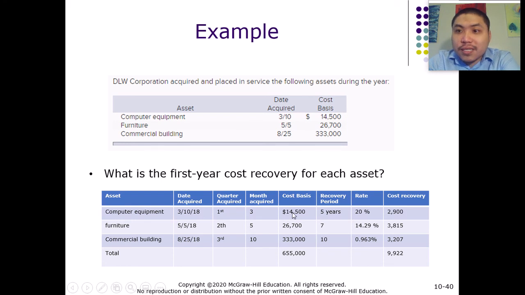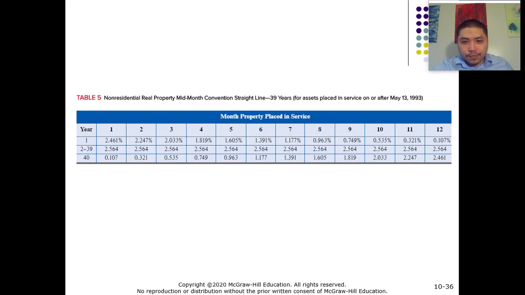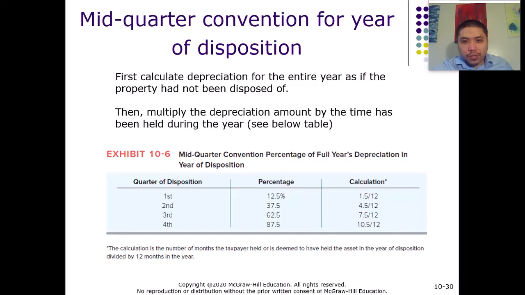So let's calculate the depreciation expense for the personal property first, these 2 first, right? We know that we can use the half-year convention, and we know that for computer equipment the recovery period is 5 years, and for furniture the recovery period is 7 years, right? So with that, we're going to go back to the half-year convention table to try to find the rate.